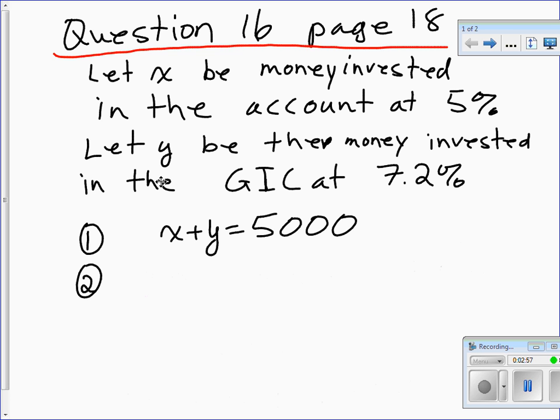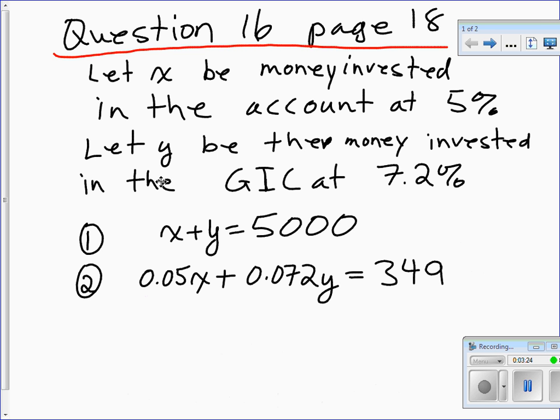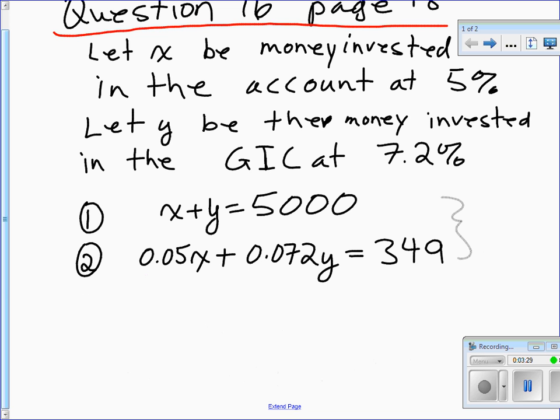So in that case, we have 0.05x, and that's the interest that we made for that one account. For the second account, I use 0.072y. And how much is that going to be equal to, guys? That's right, 349.